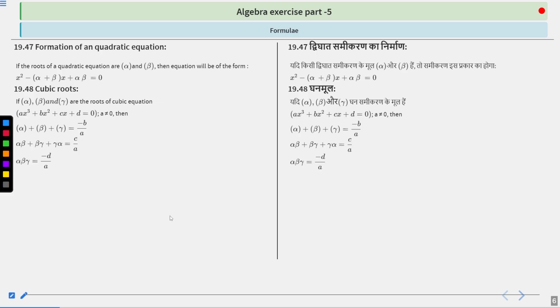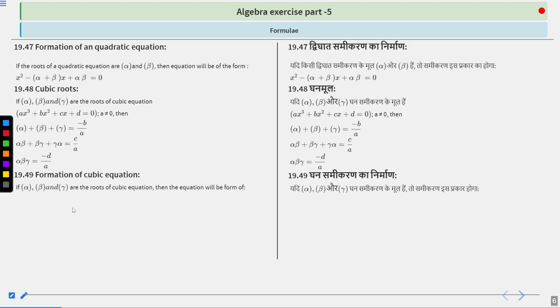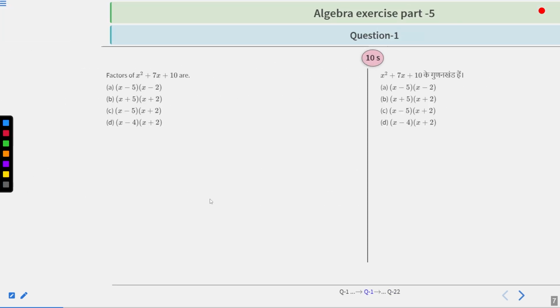And alpha into beta into gamma is equal to minus d upon a. 19.49 Formation of cubic equation. If alpha, beta and gamma are the roots of cubic equation, then the equation will be of the form x cube minus (alpha plus beta plus gamma) into x square plus (alpha beta plus beta gamma plus gamma alpha) into x minus alpha beta gamma is equal to 0.